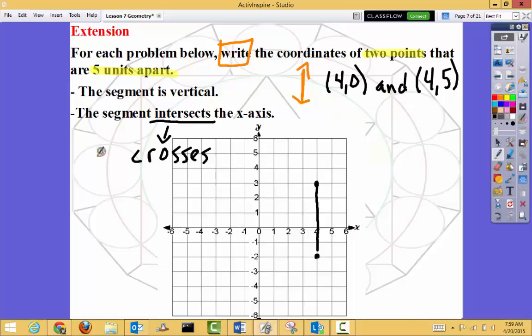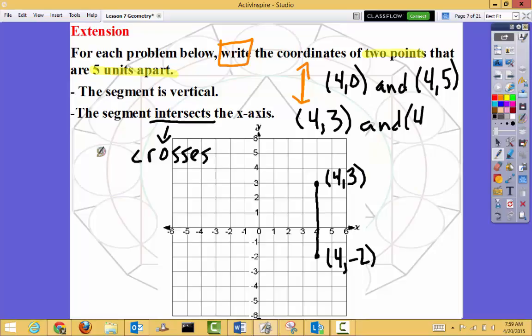Does it cross the x-axis? Yes, it does. So I just need to give it its label. So this is going to be 4, negative 2. And this is going to be 4, 3. So it's 4, comma 3. And what? 4, comma negative 2.